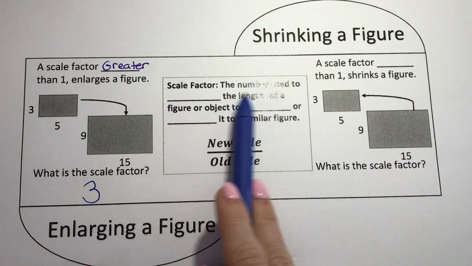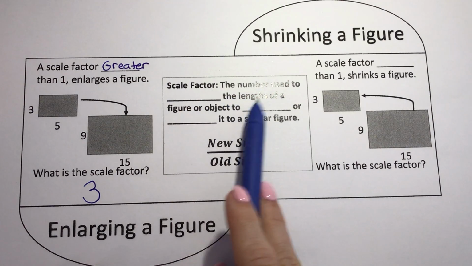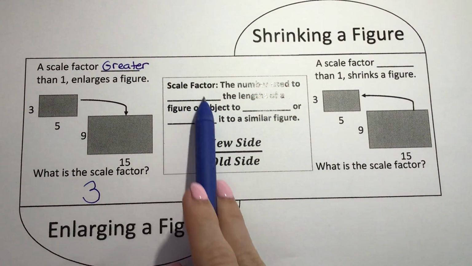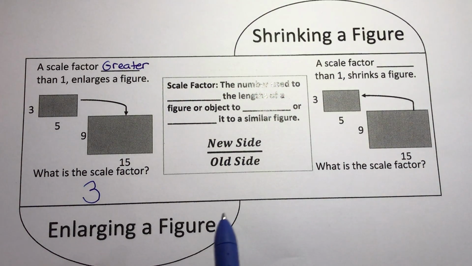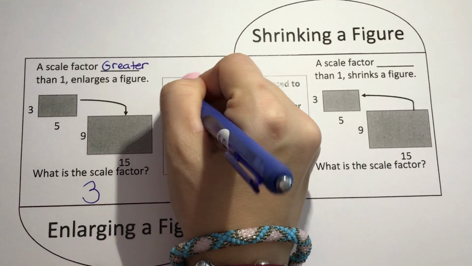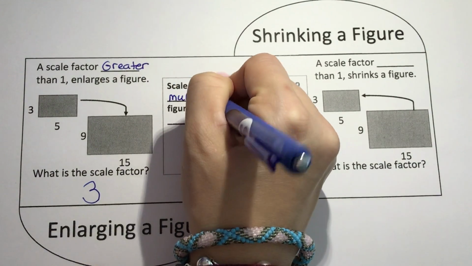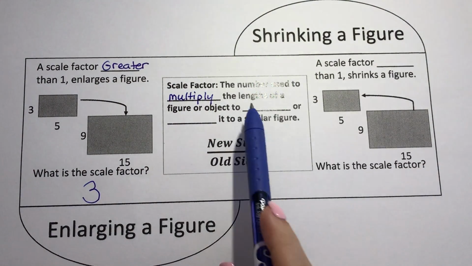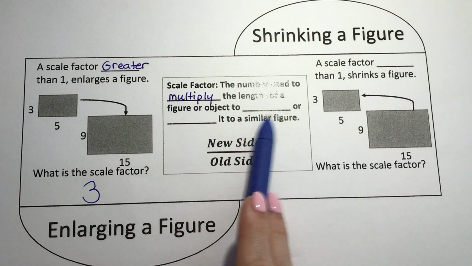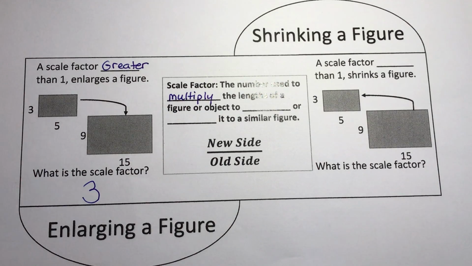So scale factor, the number used to blank the lengths of a figure or object. What do we do with the number to each of the sides? Multiply. So we multiply them to what it to a similar figure.